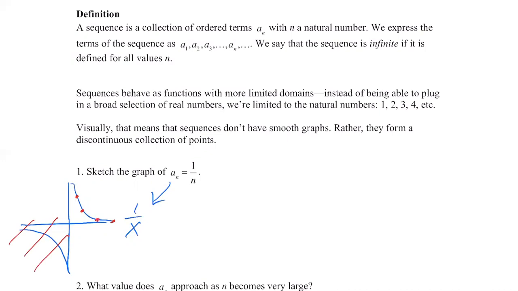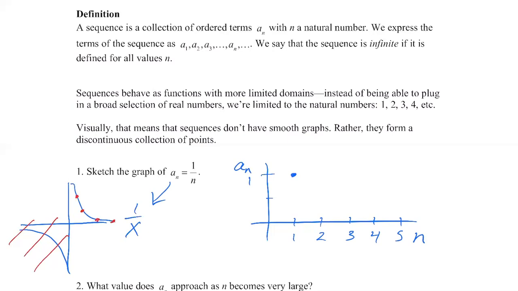So when we graph a sub n equals 1 over n, we are going to see the following behavior. We're going to start with 1 on the vertical axis, and we'll also add in 1/2. When n is 1, we get a point at 1, 1.